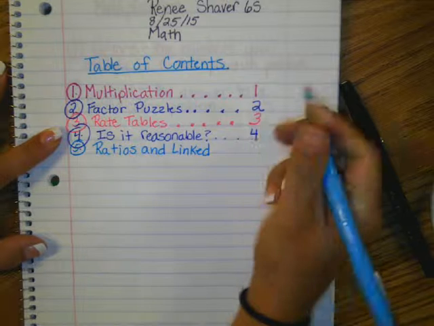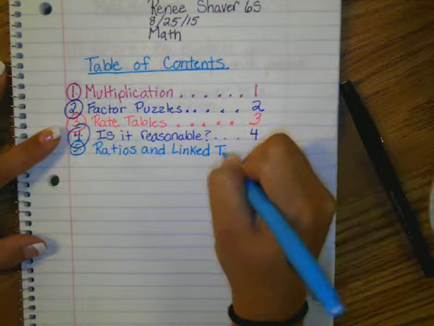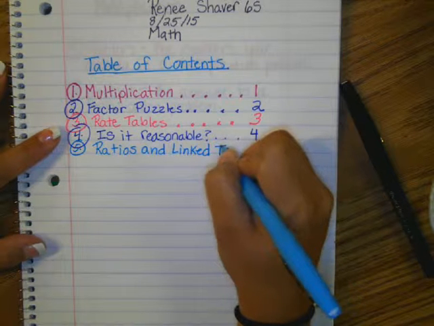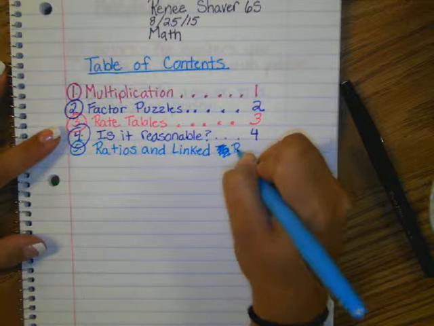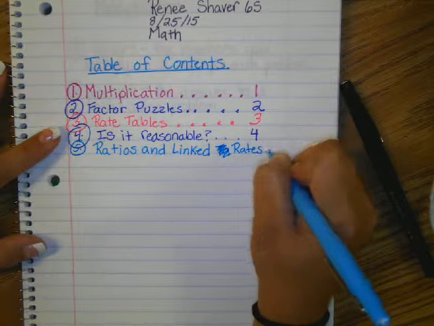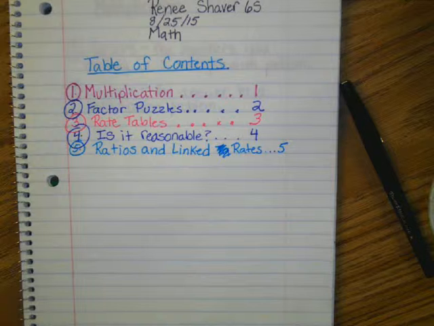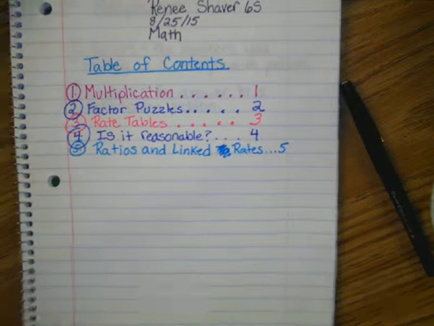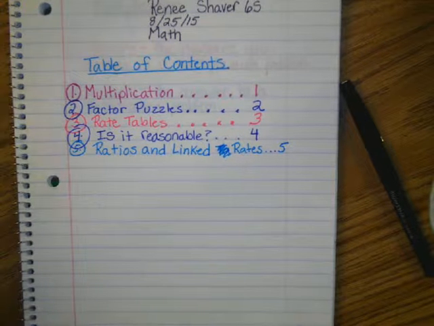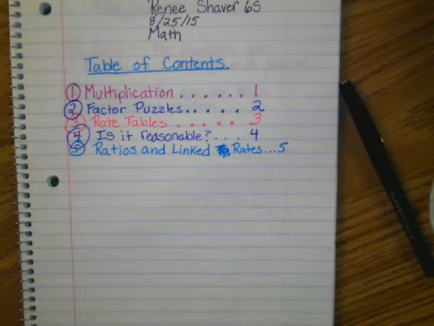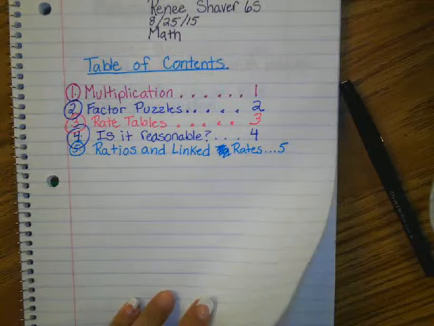Ratios and linked tables. Rates, linked rates. And that looks like it's page 5. Okay. So when you're ready, turn to your next blank page.